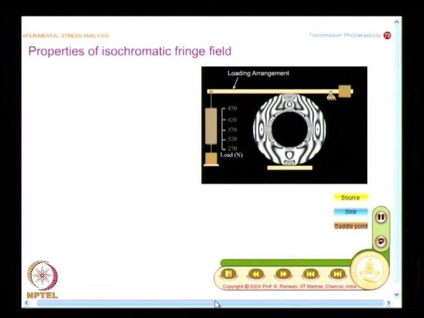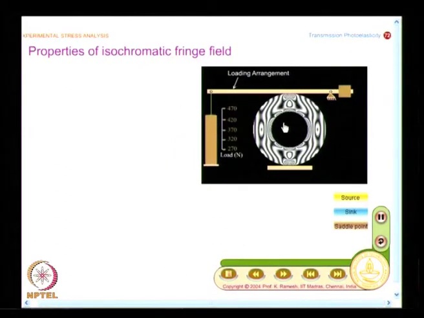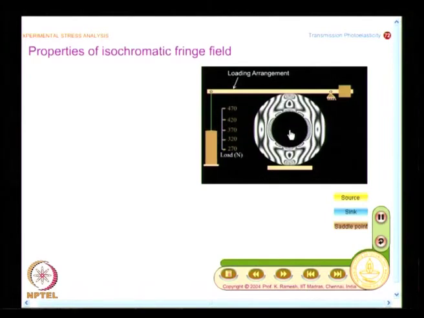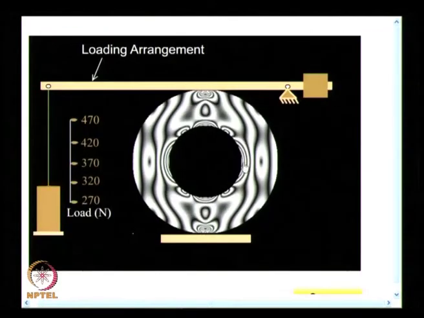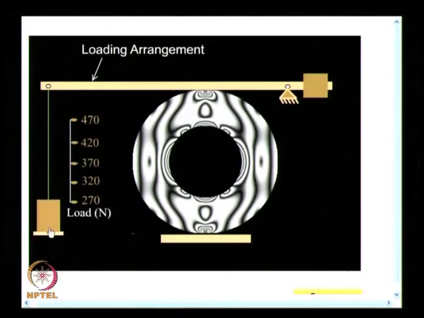And I have a very nice illustration of the fringe field in a ring under diametral compression. This I will magnify, and what you need to look at is that the load is being varied.